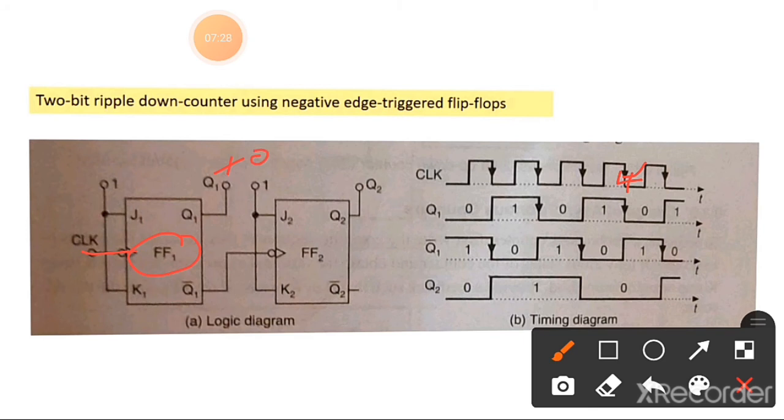So Q1 dash changes from 0 to 1, and this positive going signal at Q1 dash does not affect flip-flop 2. So Q2 remains at 0. Hence the state of the counter after the fourth clock pulse is 0 0.